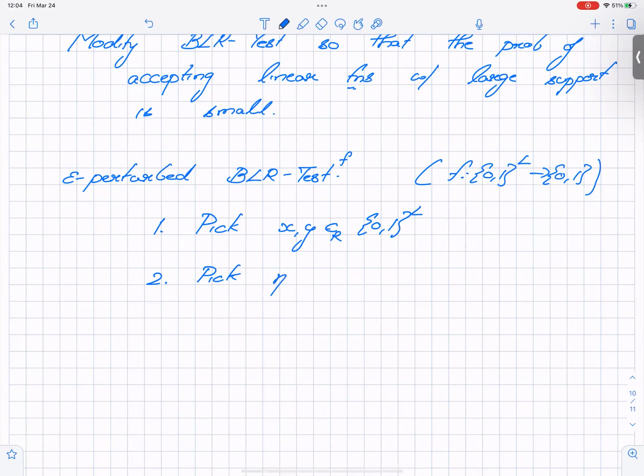So pick an eta in 0, 1 to the L as follows. Eta to the a is 0 with probability 1 minus epsilon, and 1 with probability epsilon. So eta is mostly zeros, but an epsilon fraction of the time it is 1, and you do this independently for all the L coordinates.